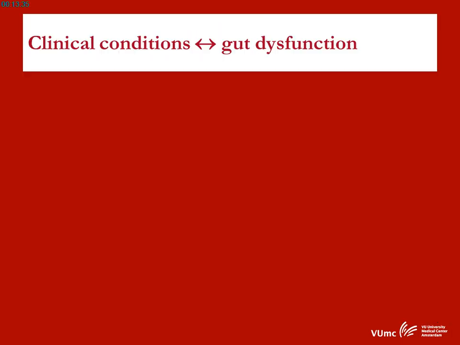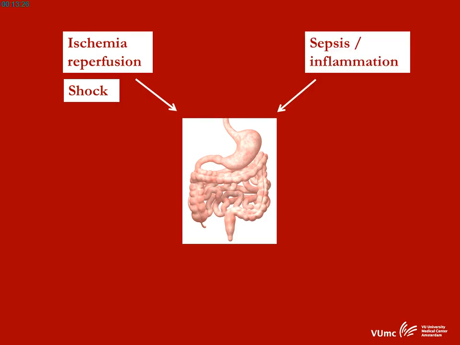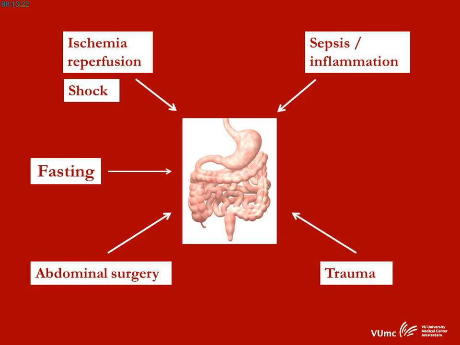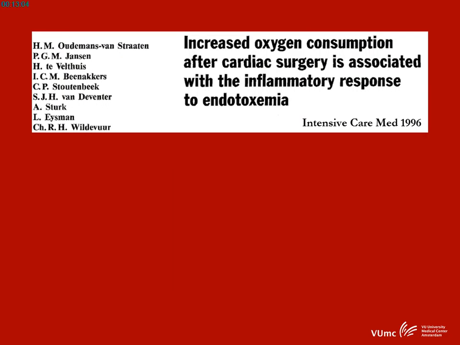If we look at clinical conditions that are associated with gut dysfunction, there's primarily ischemia, reperfusion and shock, sepsis, inflammation, abdominal surgery, trauma, fasting. All of these can initiate gut barrier failure, and as a result, translocation and Gram-negative particles in the serum, as we heard in the previous lecture, and an inflammatory response.